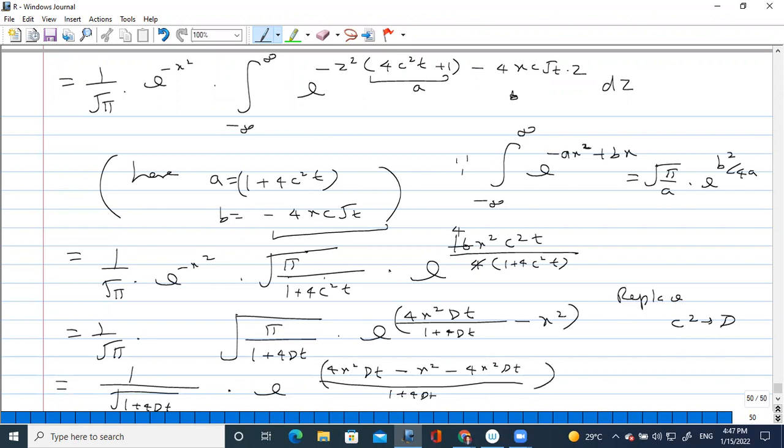So here also this will cut. So only this much is left. So the answer is 1 by under root 1 plus 4 dt into e to the power minus x square by 1 plus 4 dt. So this is your final answer. Note down this.